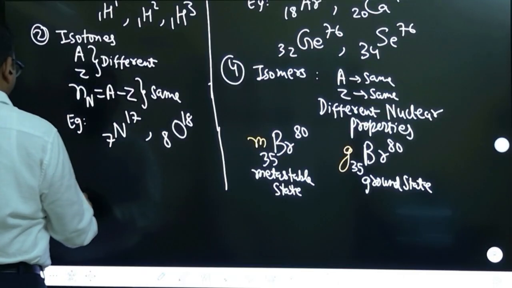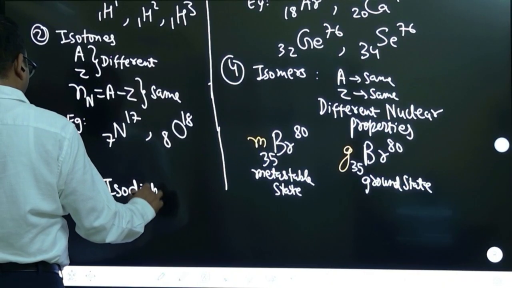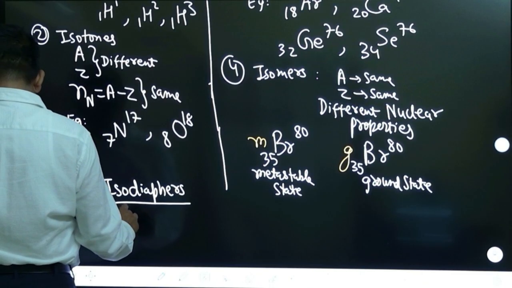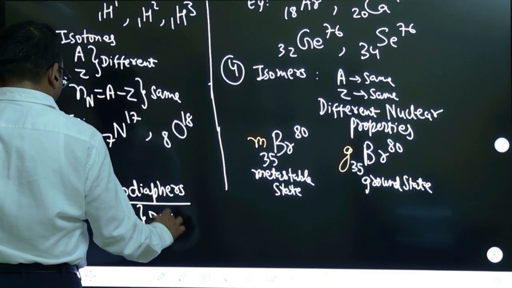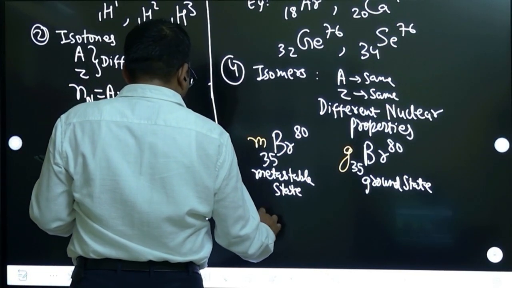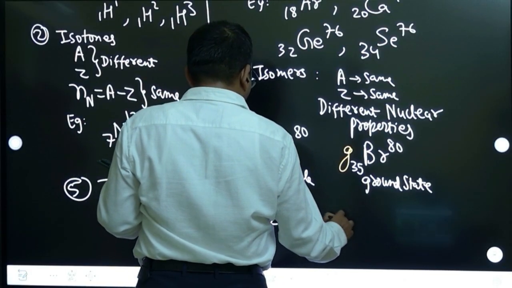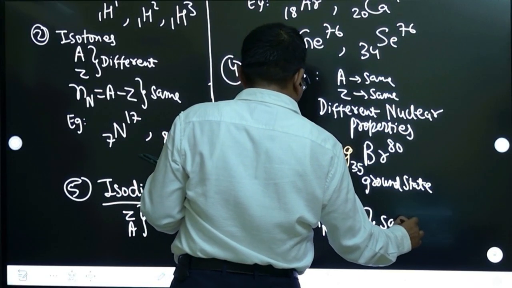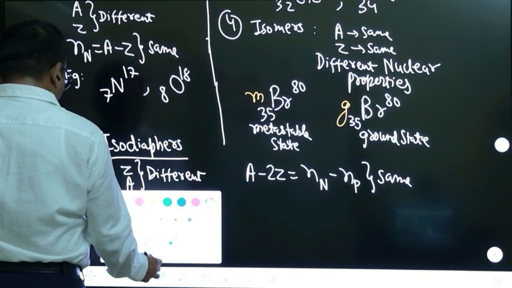Okay, and then last, isodiaphers. What are isodiaphers? They have Z and A both different, but A minus 2Z, which is the difference, number of neutrons minus number of protons, is going to be the same. What is an example of this?